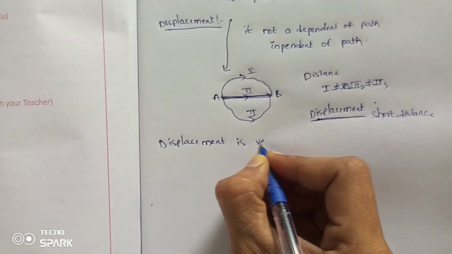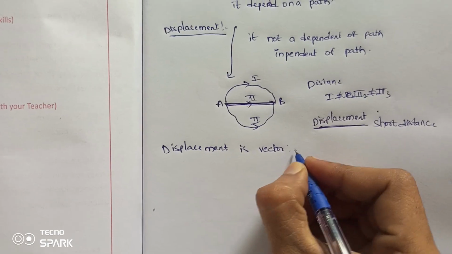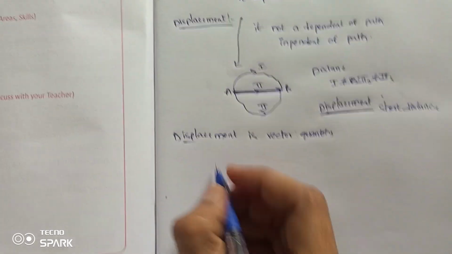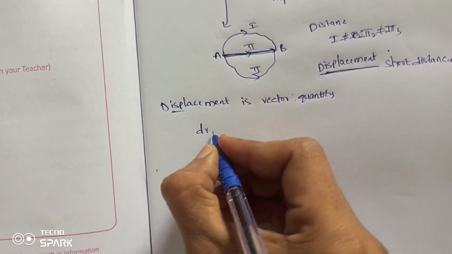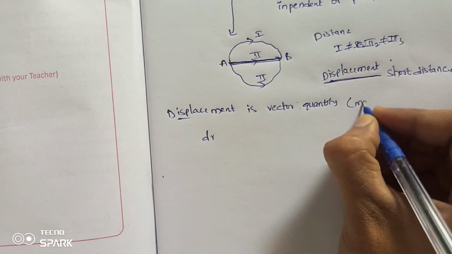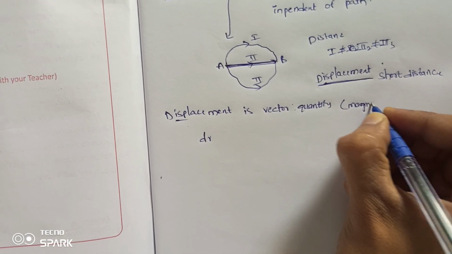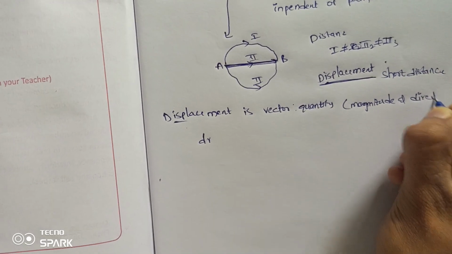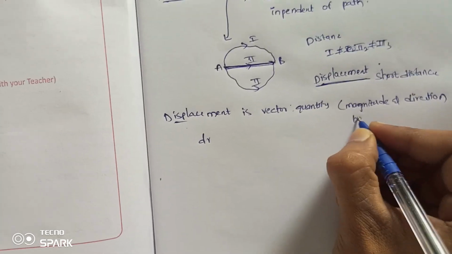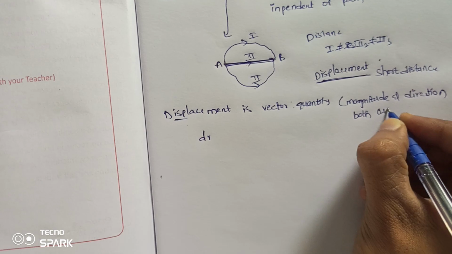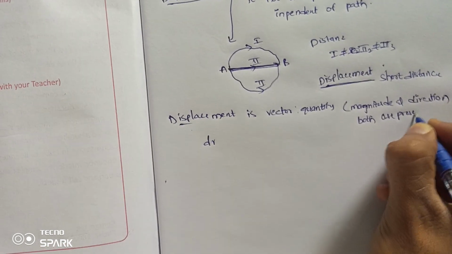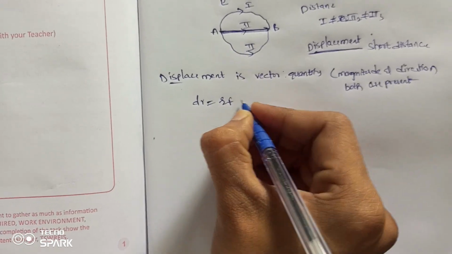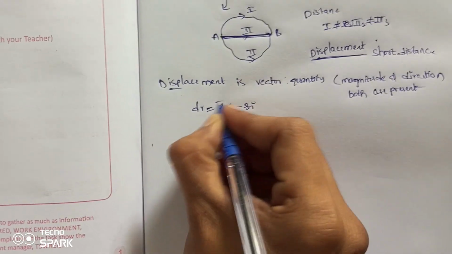Displacement is a vector quantity, and both magnitude and direction are present. Displacement is final position minus initial position.